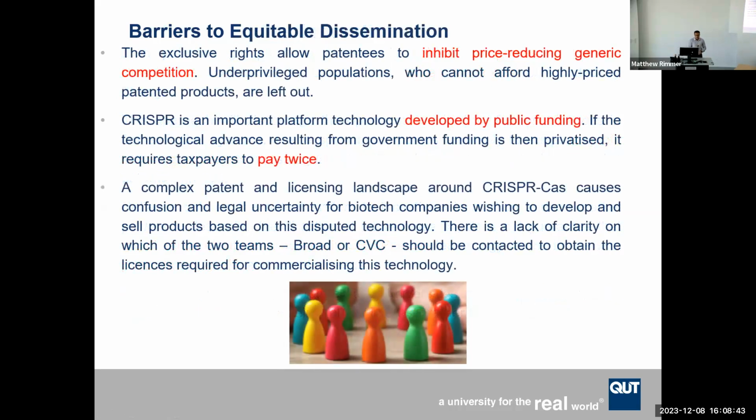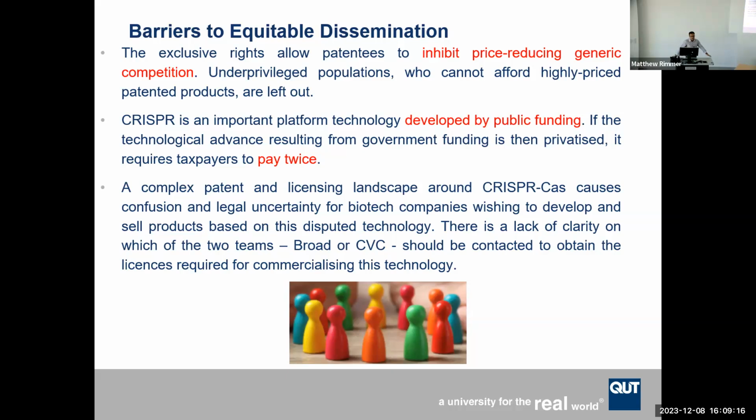Now, focusing on barriers to equitable dissemination of, or access to, this technology. The exclusive rights allow patentees to inhibit price-reducing generic competition. Underprivileged populations who cannot afford highly priced patented products are left out. If you can't afford it, you are left out of the benefits of that technology. Now, CRISPR is an important platform technology developed by public funding, because it was developed by universities and public institutions.